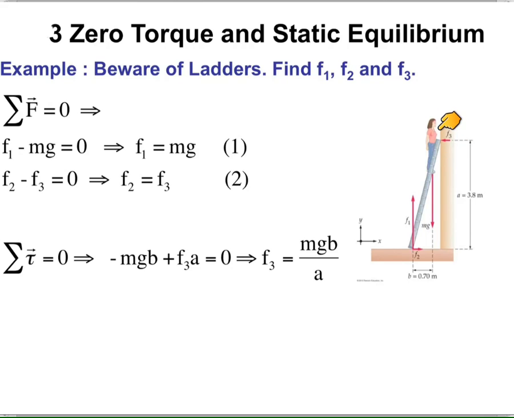But in these types of ladder problems, we usually take the wall as frictionless. There is no friction on the wall, and this will be denoted in the question. Here there is no question body, but anyway, the wall is almost always taken as frictionless in these types of problems.